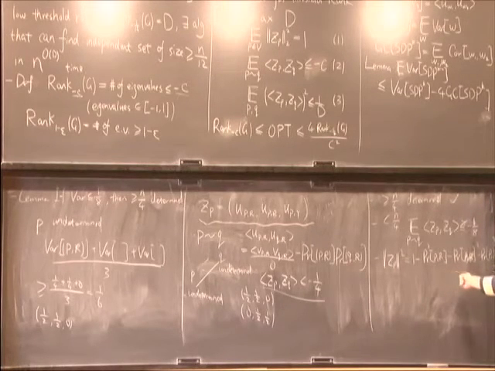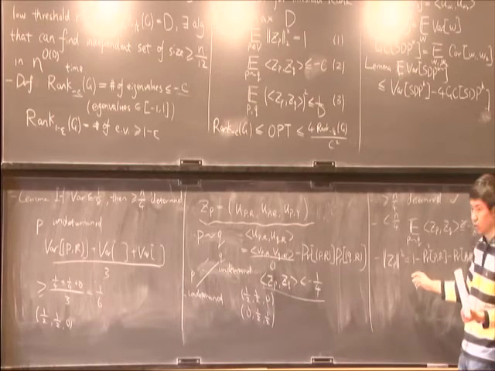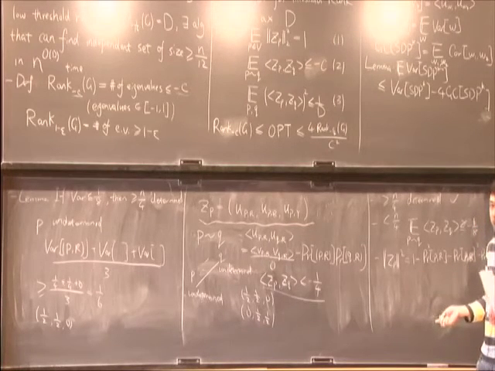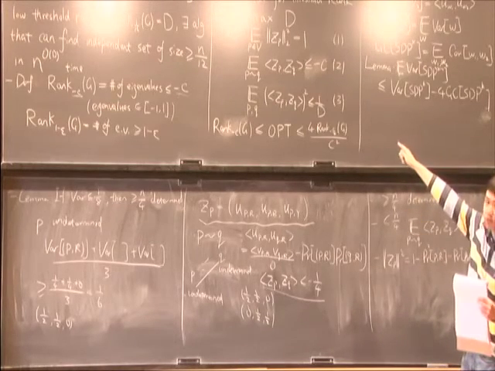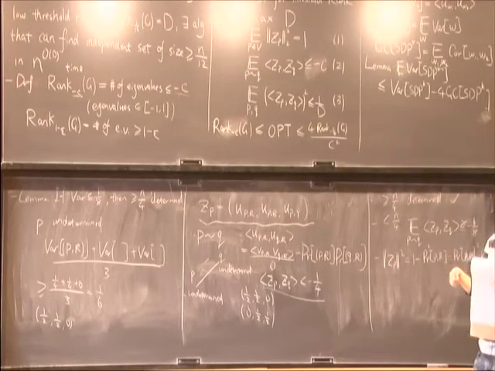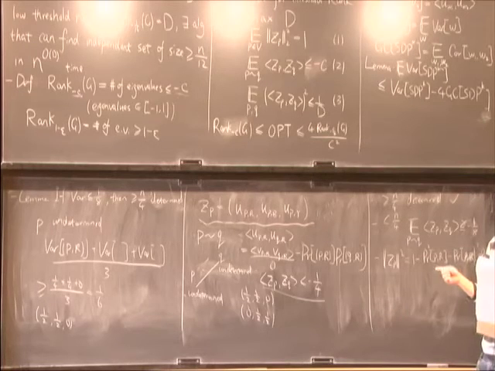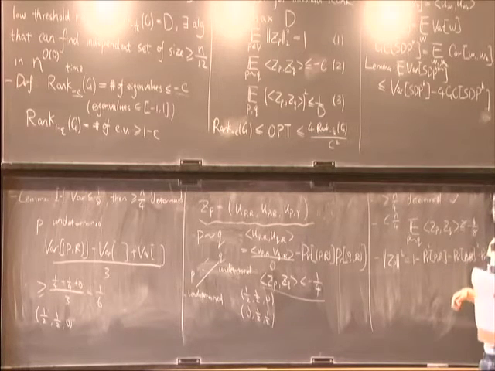So this is always smaller than 1. But if it's undetermined, this is also at least 1/4. So if you want to scale them to satisfy 1, the ratio you need to scale is a constant. So that's not a problem.